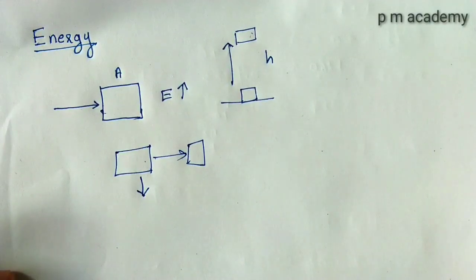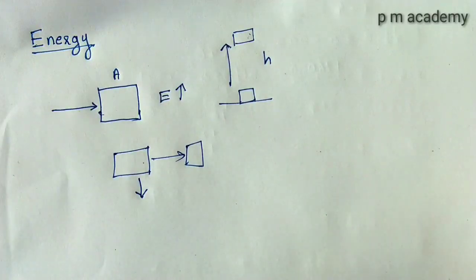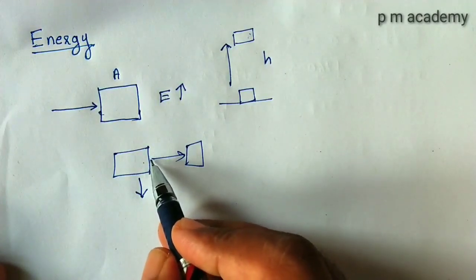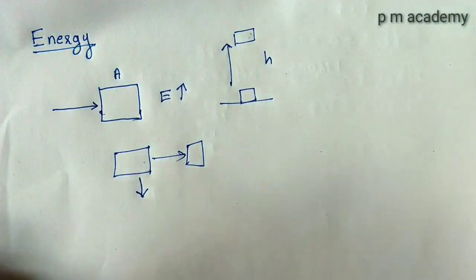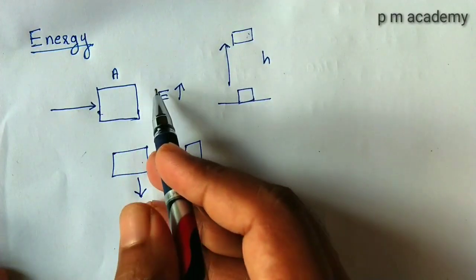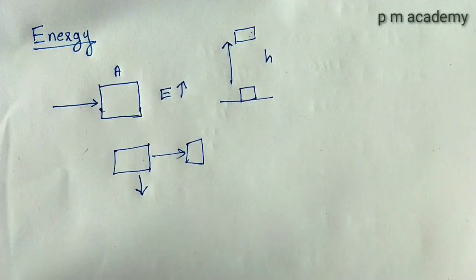If a person is doing work, their energy will decrease, they will lose energy. These are the basic ideas of energy. Once more, if you are doing work on an object, its energy will increase. If an object is doing work, its energy will decrease.